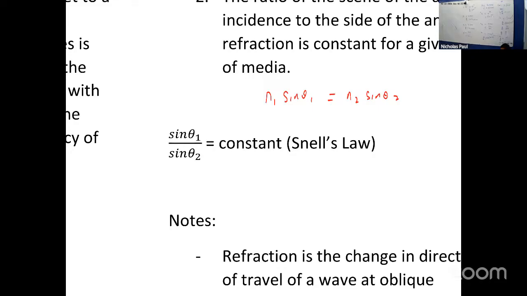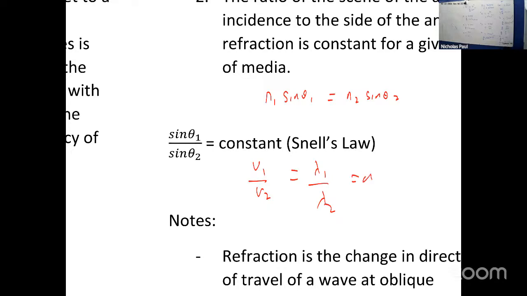Remember we said the speed changes as well, not just the angle. So basically speed in medium 1 over speed in medium 2, or lambda in medium 1 over lambda in medium 2. All of these could give you the refractive index.